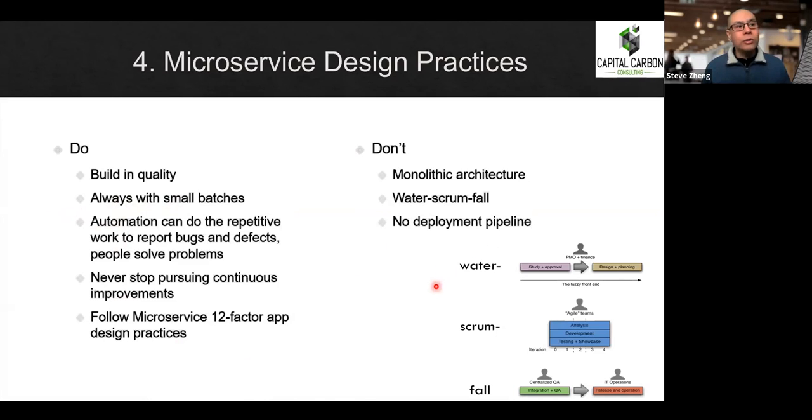The right part, don't. Okay, about the microservices design practice, the first one, don't do the monolithic architecture. Although we might have a legacy platform which is a monolithic architecture, you need to change the big ball of mud into the microservices design.